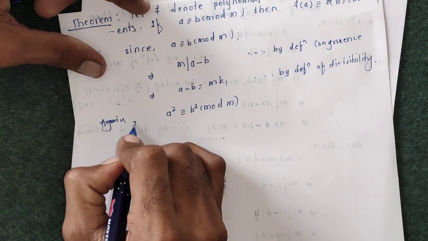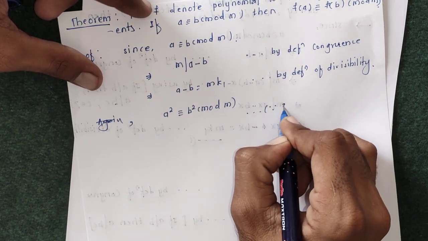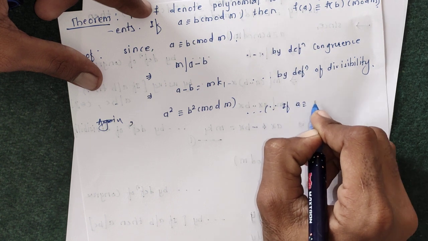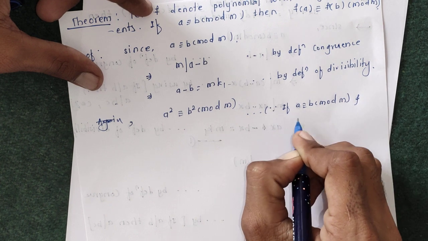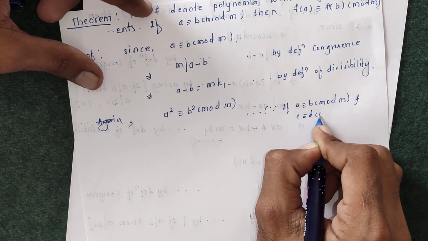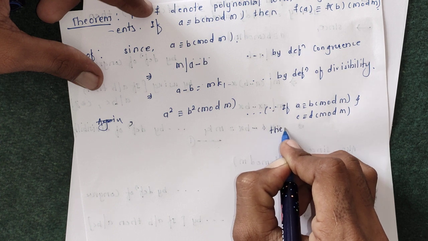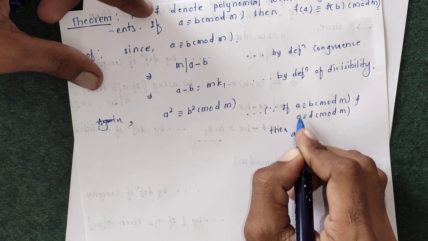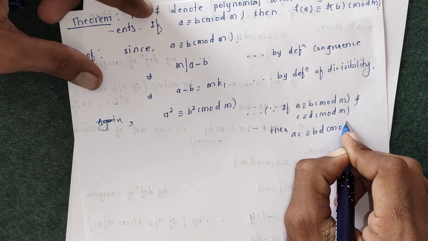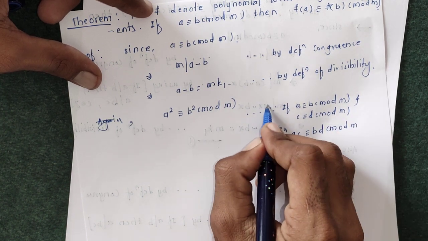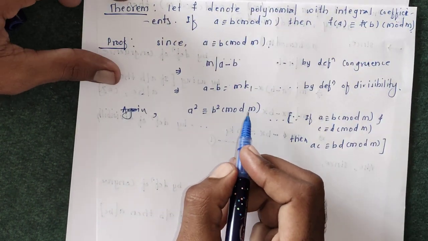This is because we know that if a is congruent to b mod m and c is congruent to d mod m, then the product ac is congruent to bd modulo m. Using this result, we can write a square is congruent to b square mod m.